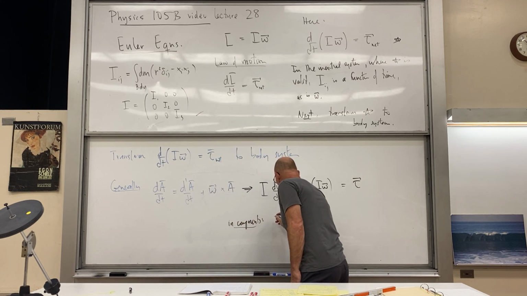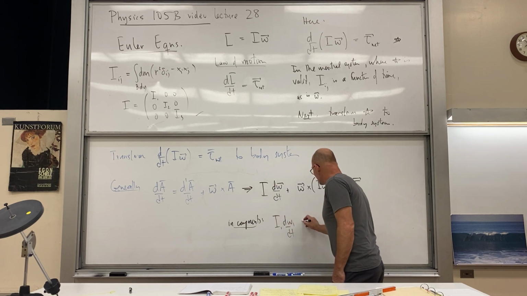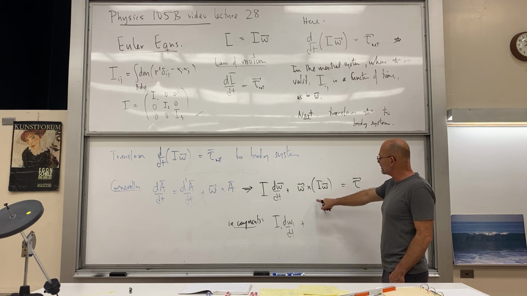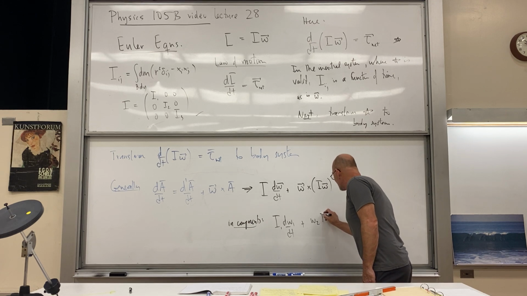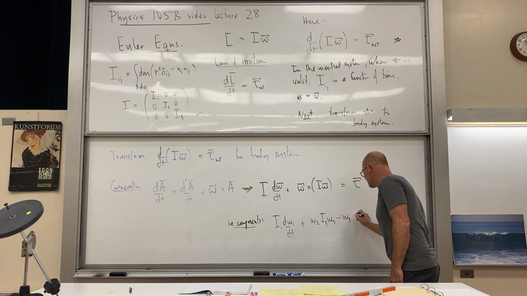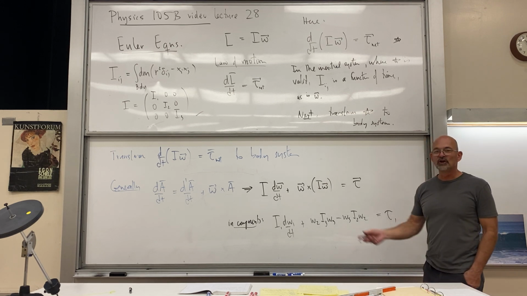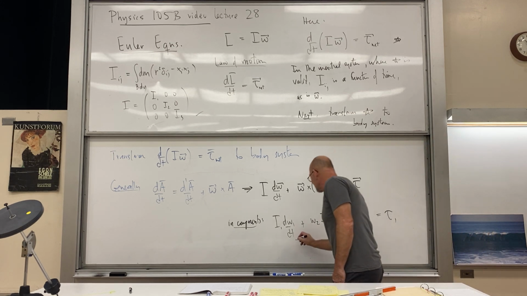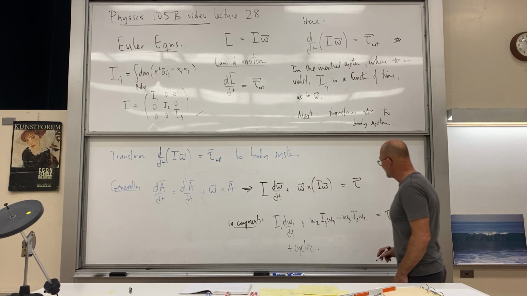So in components we'll have I1 d omega 1/dt plus, and since it's the one component it'll be omega 2 I3 omega 3 minus omega 3 I2 omega 2, and that'll be tau sub 1. And you can do the other two cyclically. So that's how they're written down.